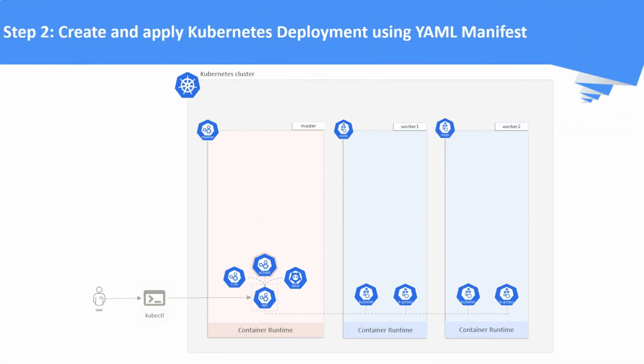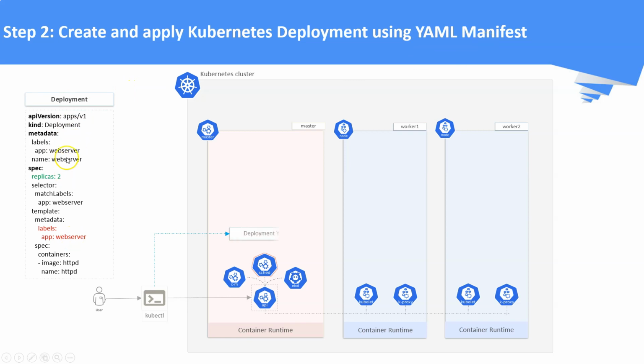Step number 2. Create and apply a Kubernetes deployment using a YAML manifest. We are going to create and apply a deployment YAML in the Kubernetes cluster. We are going to use the Apache Web Server image for this deployment with 2 replicas.